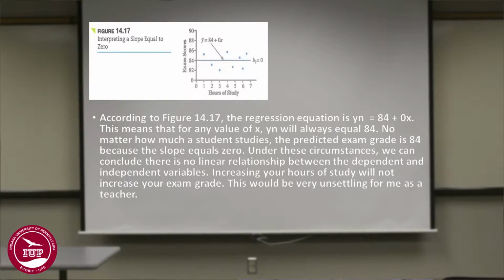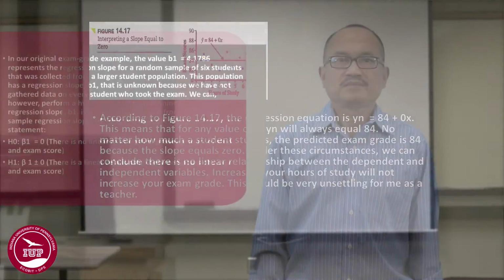Under these circumstances, we can conclude there is no linear relationship between the dependent and independent variables. Increasing your hours of study will not increase your exam grade. This would be very unsettling for me as a teacher.